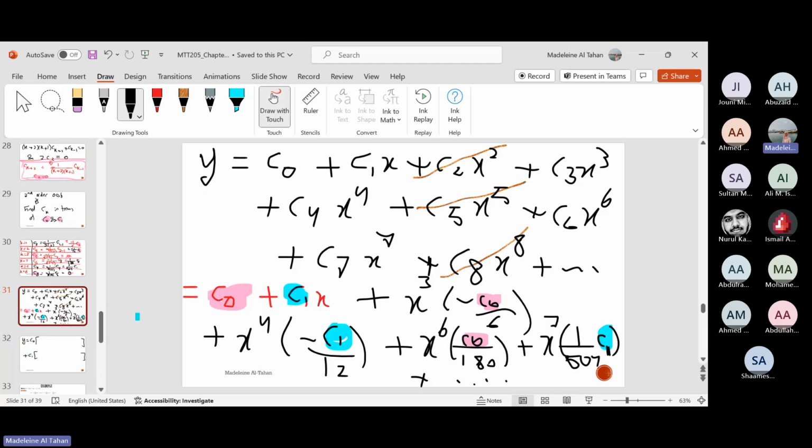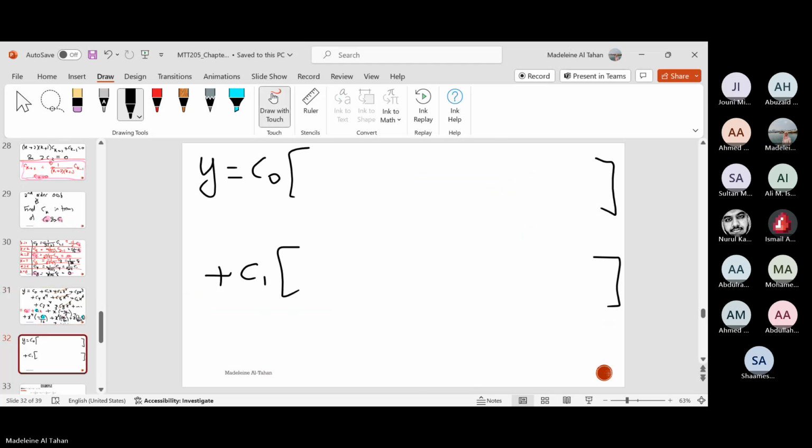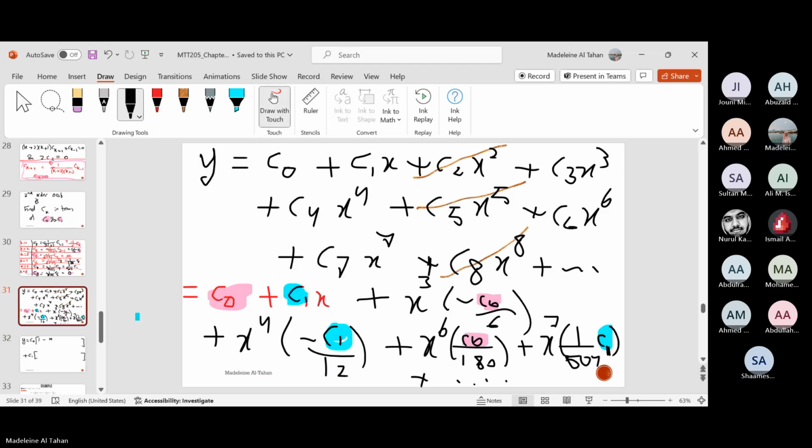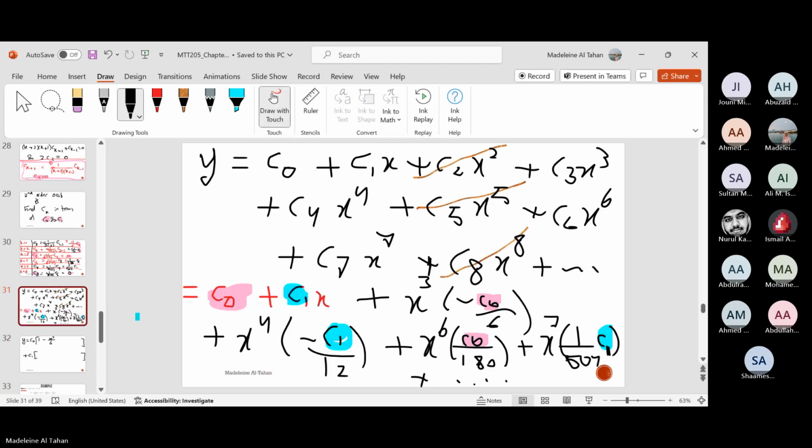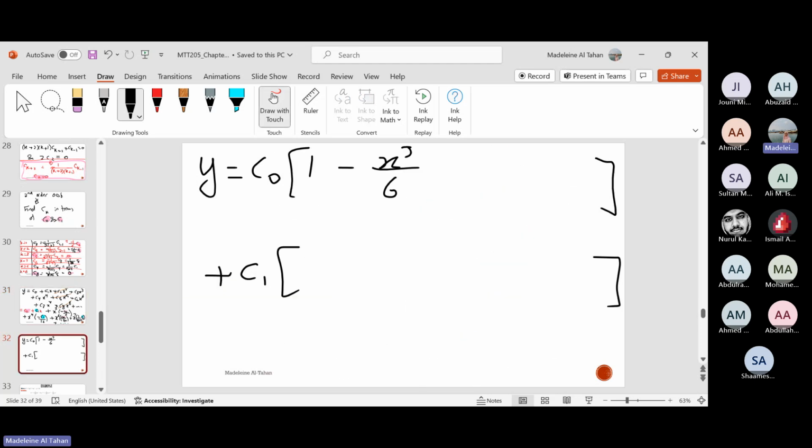So we will get, miss, y equals C0 into something plus C1 into something. C0, we will take 1 minus x cubed over 6, then plus x6 over 180 plus, we put these three dots.